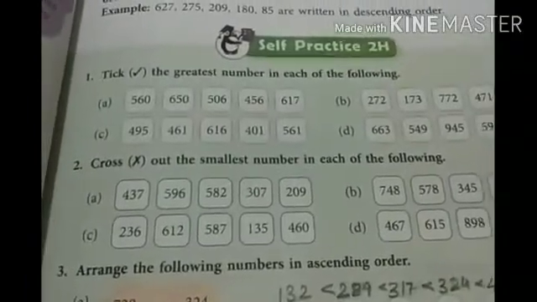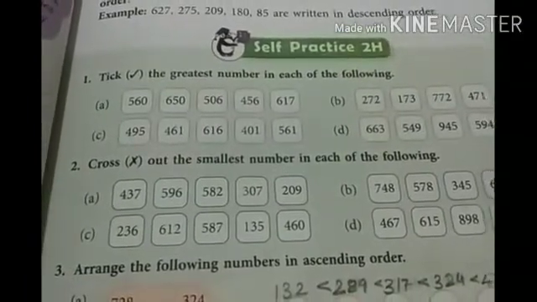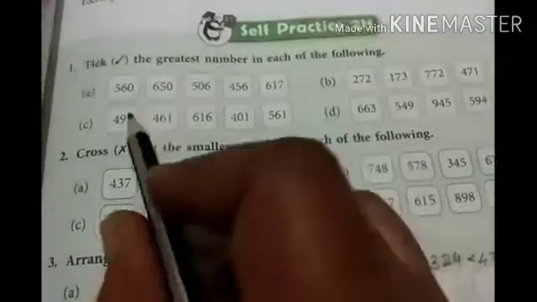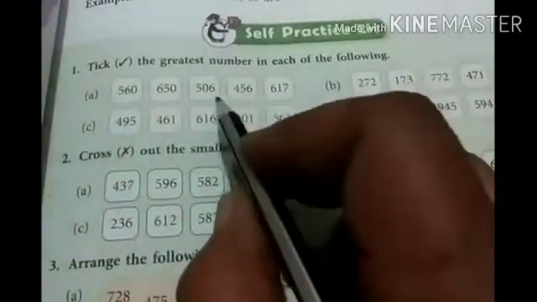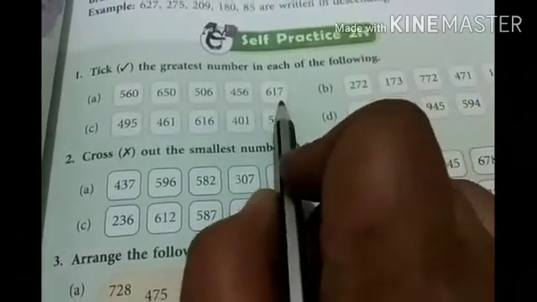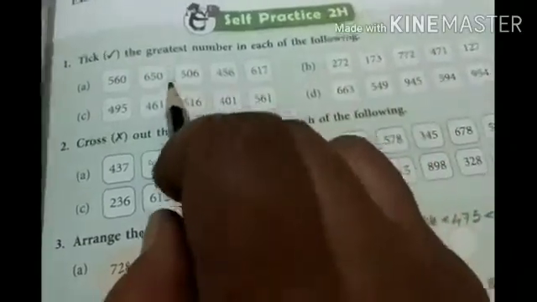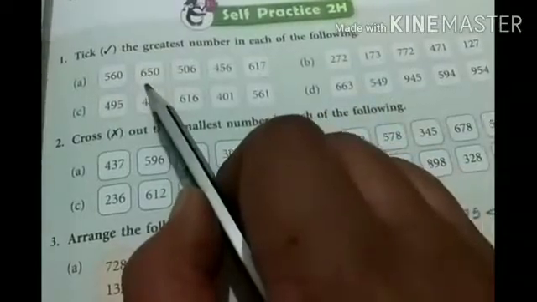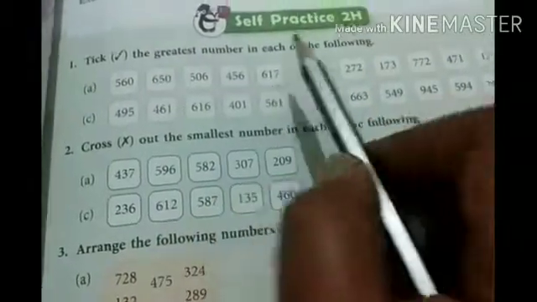So now we will see the greatest number in each group. Okay. So 560, 650, 506, 456, 617. The greatest hundreds place value which the numbers are having is in 650 and 617.